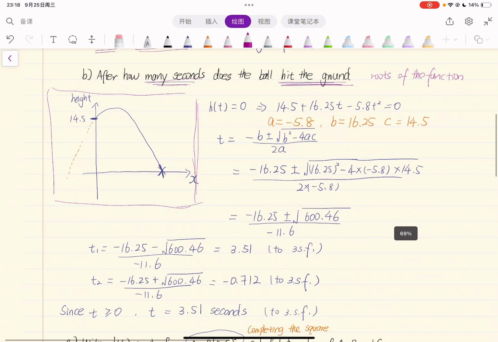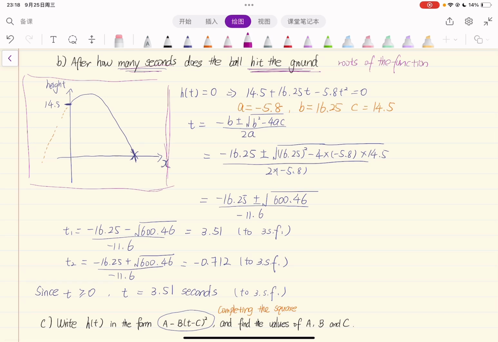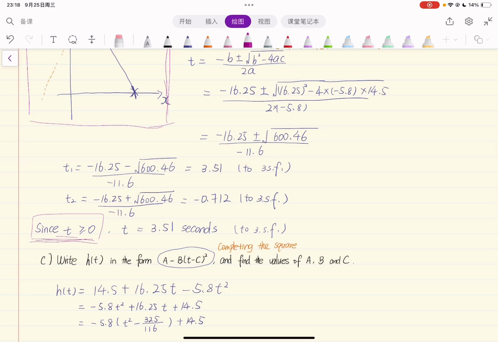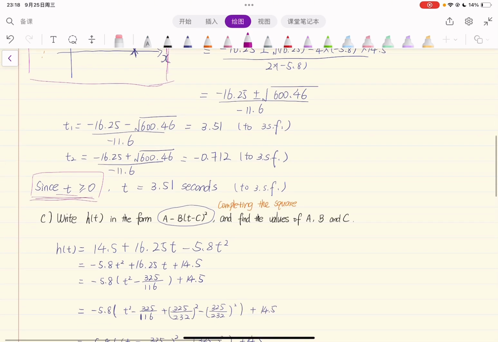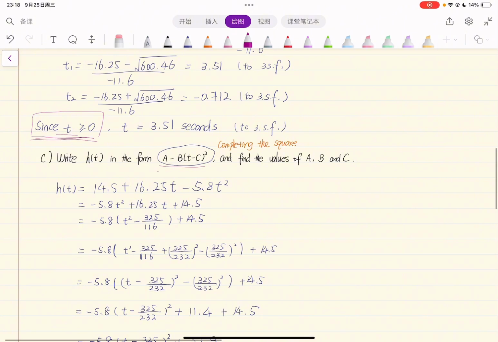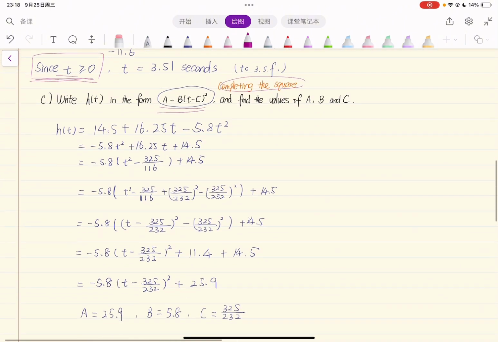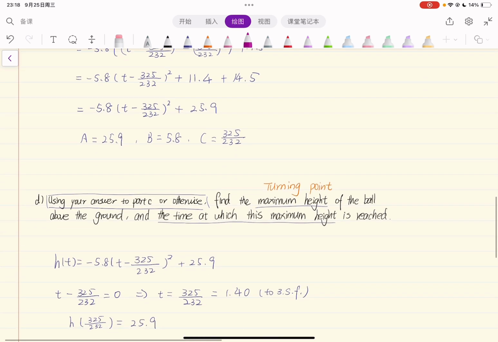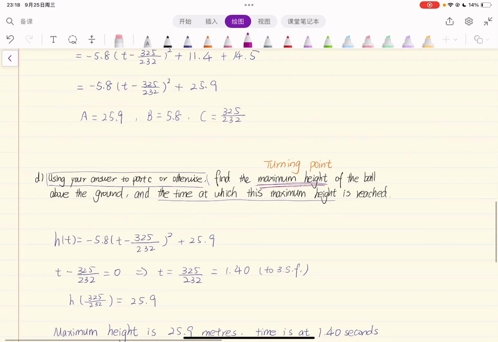And then when you solve that, you probably have two roots, and you need to remember the precondition, so you can only have one root. Then you do the completing the square. When you see the maximum or minimum height, or the time at which the maximum height is reached, it is talking about the turning point.